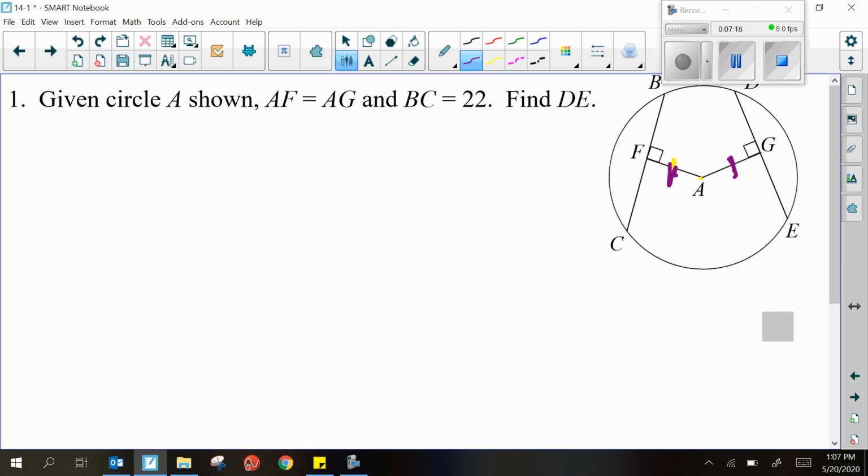And we know that BC is 22. Well, if BC is 22, this whole side right here, they want me to find DE. This is the theorem we just went over. Since these are congruent and they're perpendicular to the chords, then we know that this side must be 22 as well. So DE is 22.